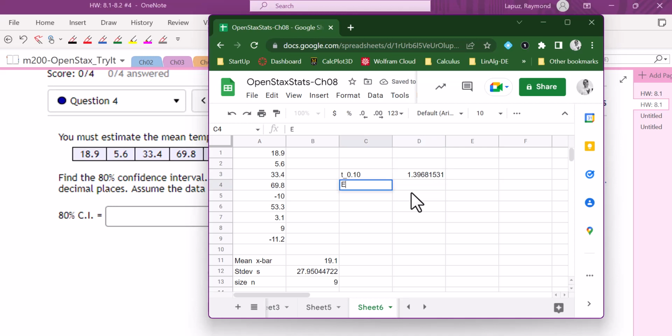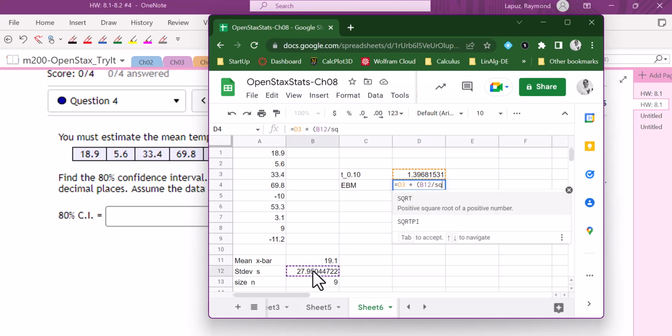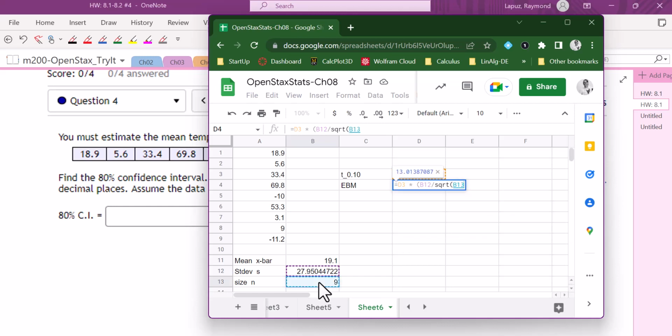Now our EBM is going to be equal to the t critical value times the standard deviation divided by the square root, SQRT, of the sample size, which is going to be 9, close the parentheses for the square root, close the parentheses for the other expression.